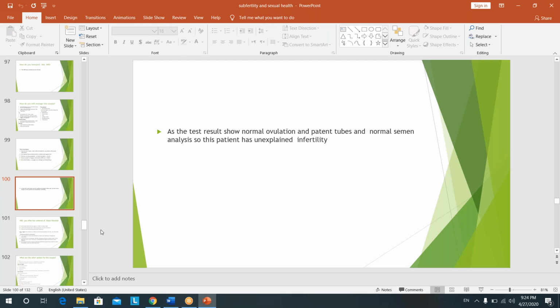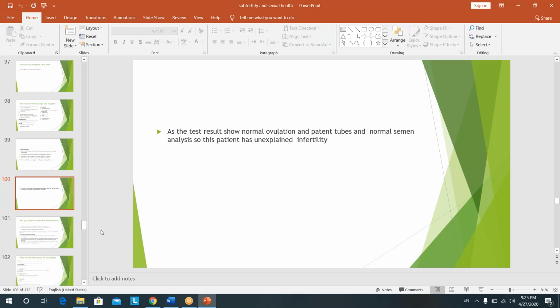And the IVF cycle is not funded by the NHS as she is 44 years old, and I will explain to the couple the success rate of IVF is not as much as expected.